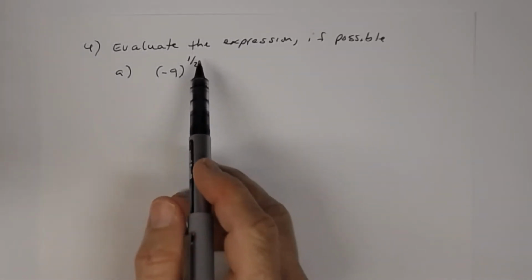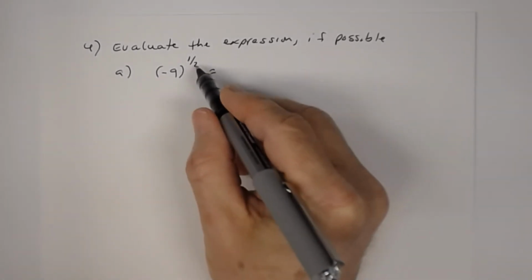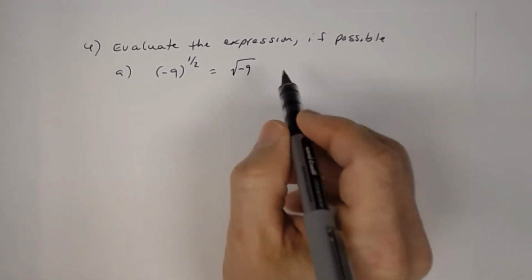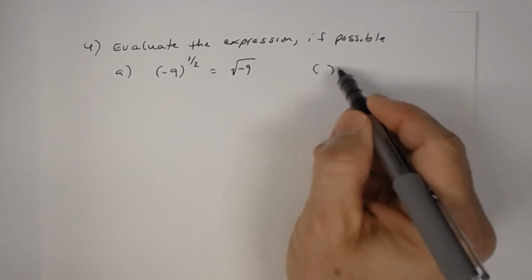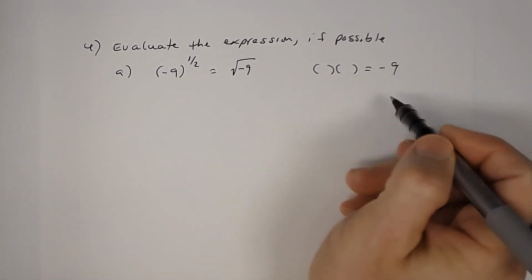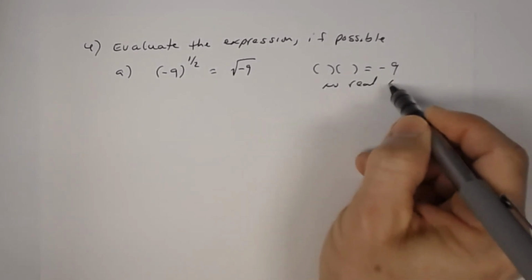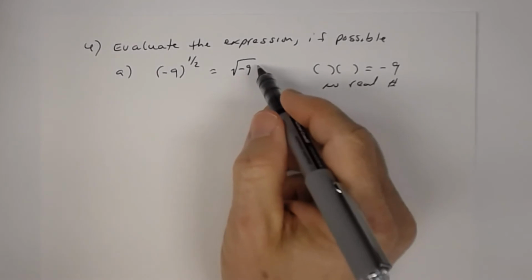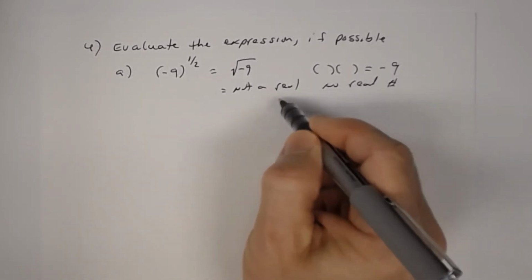So I can go directly and rewrite this as a radical. So it becomes, the index is 2, so it means square root. So square root of negative 9. And then remember, there is no real number times itself that's a negative 9. So remember, the square root of negative 9, we're going to say is not a real number.